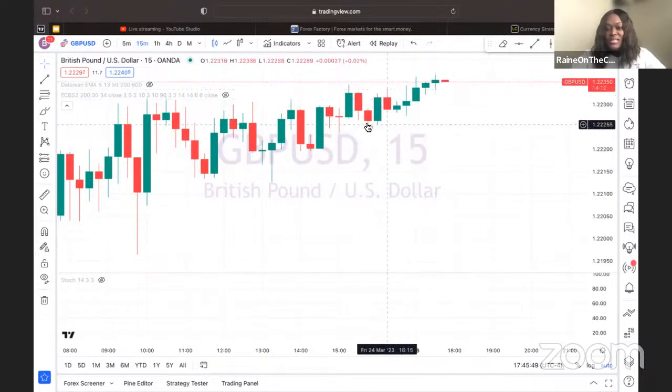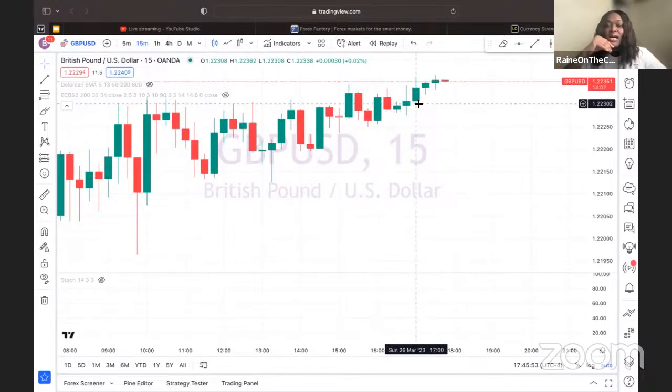We gotta wait and see what it's gonna do. And this is GBPUSD. That is not something that's really gonna be moving right now because we're in the Asian session. That's gonna really be moving around 3-4 o'clock tomorrow morning. That's when you want to look for GBP pairs.